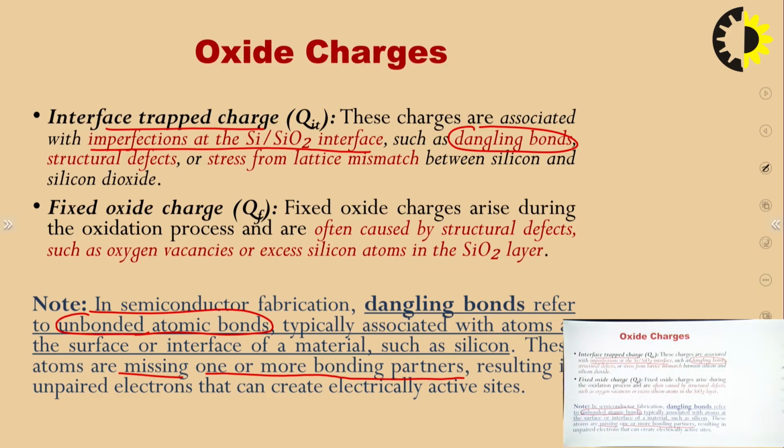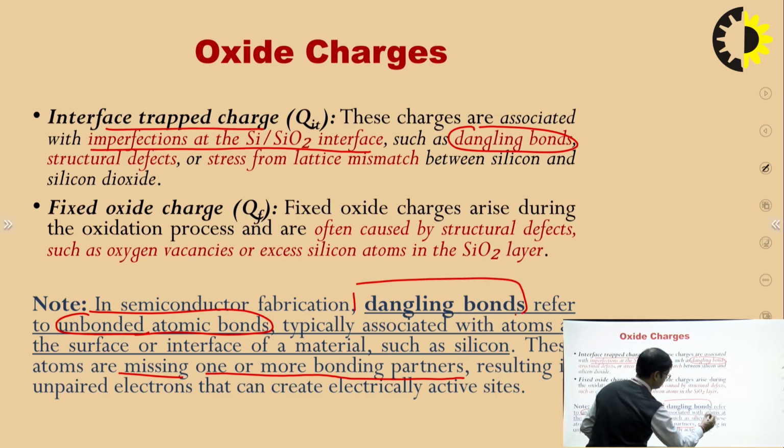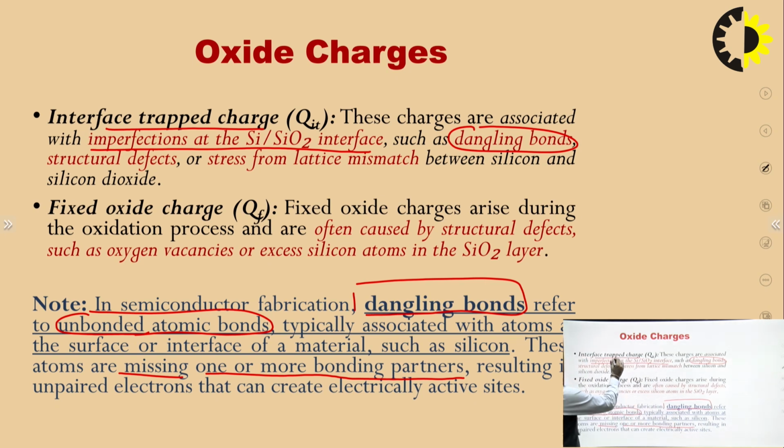That is, the bonds are not complete, and so these unbonded atomic bonds, which are known as dangling bonds, result in interface trapped charge at the Si-SiO2 interface. Similarly, it may also happen from structural defects or stress from lattice mismatch.